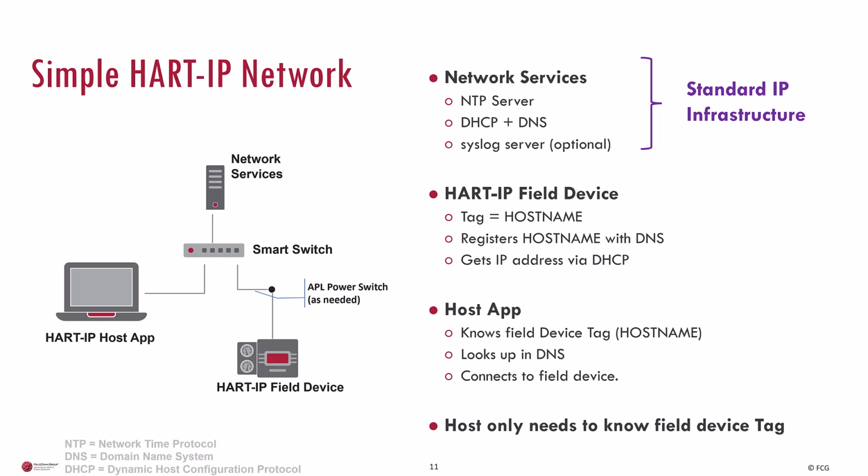The host application knows the tag because the tag's on the PNID drawings and everywhere else. So it looks up that tag in domain name services, gets the IP address, and makes the connection to the field device. Very simple operation with very little extra services.